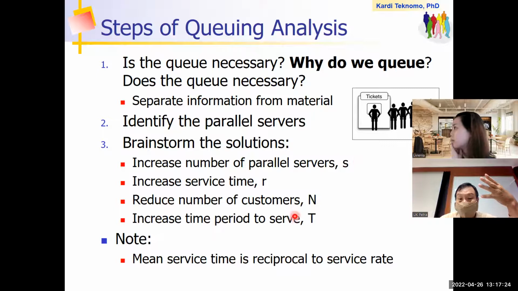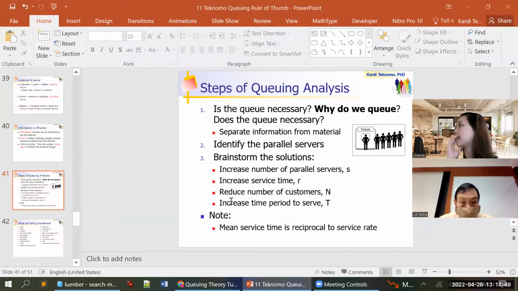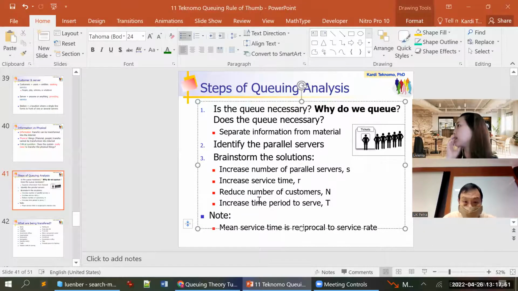four variables inside the queuing rule of thumb: S, R, N, and T, right? We want to increase the number of servers. We want to increase the service rate, reduce the service time, and then you want to reduce the customers. So this one must be reduced, not increased. Service time you want to reduce.